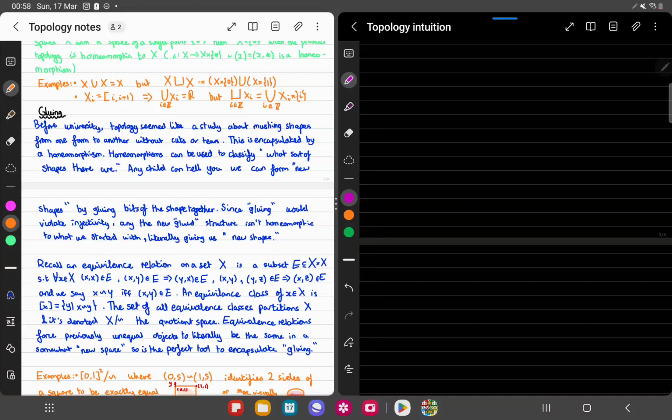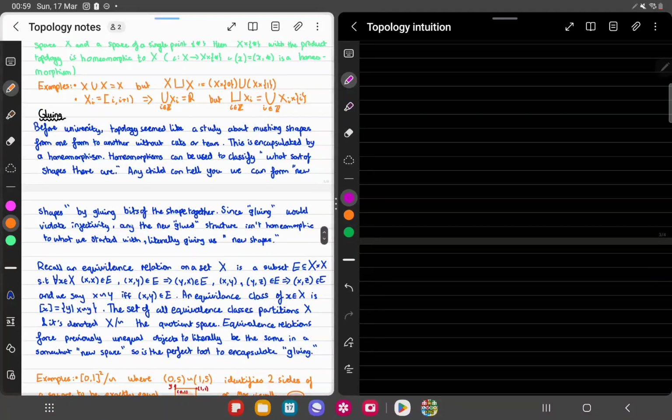But if you identified 2 points as being the same, then that same map sort of fails its injectivity criterion. So since gluing would violate injectivity, the new glued structure isn't homeomorphic to what we started with, literally giving us a new shape. Okay, it's giving us a new shape up to homeomorphism, but whatever.